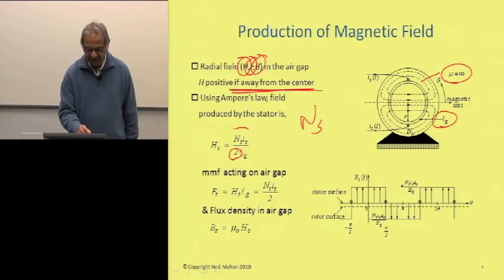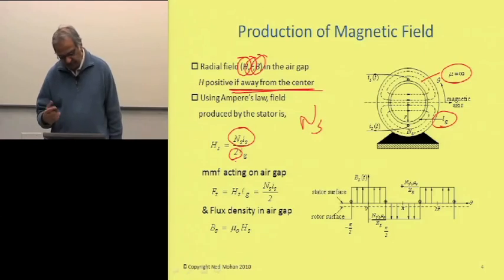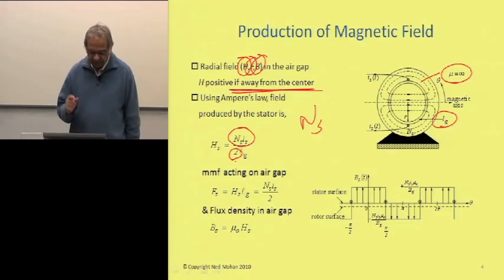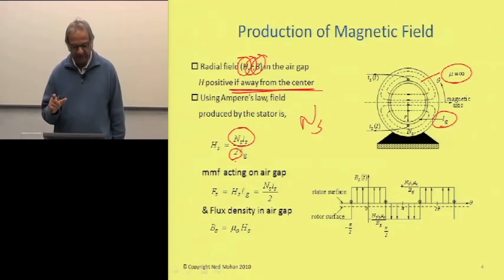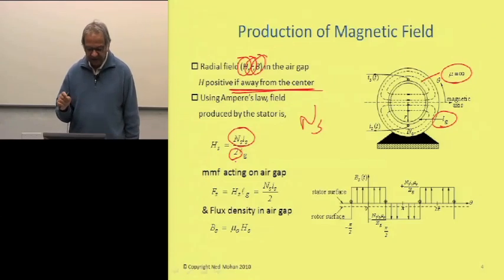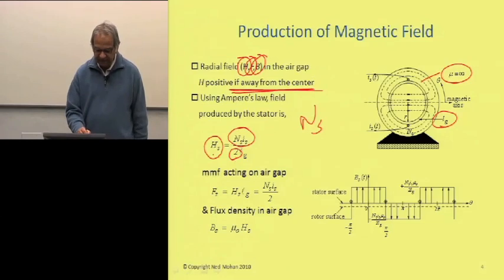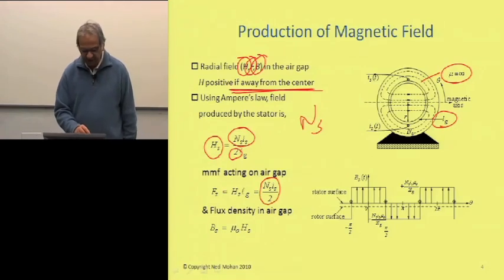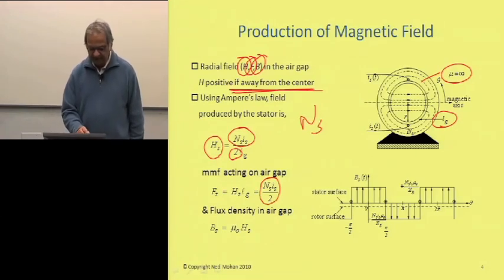Otherwise, it's the Ampere-turns divided by 2 times the air gap length here. But if you just look at the MMF acting on an air gap, then it's really this magnetic field intensity times L sub g, which you can see here would be given by this expression here. And the flux density in the air gap then is just mu naught times this H sub s over here.